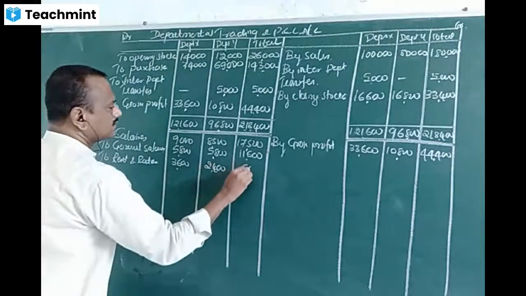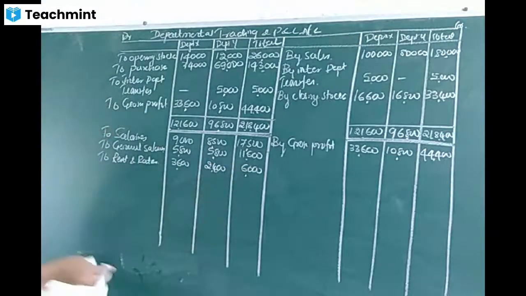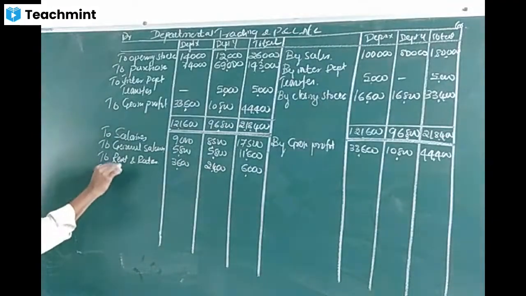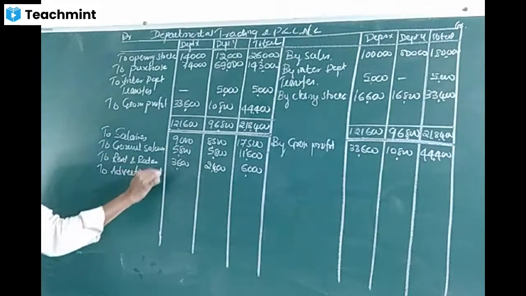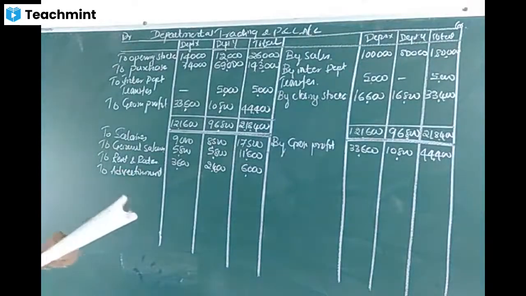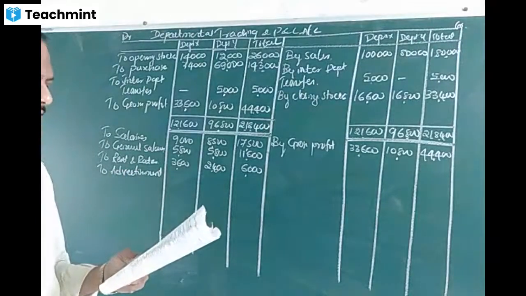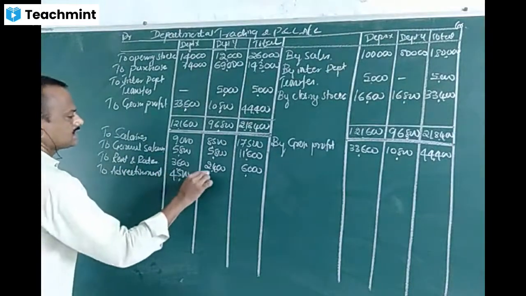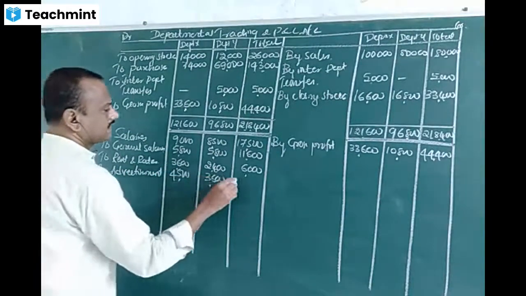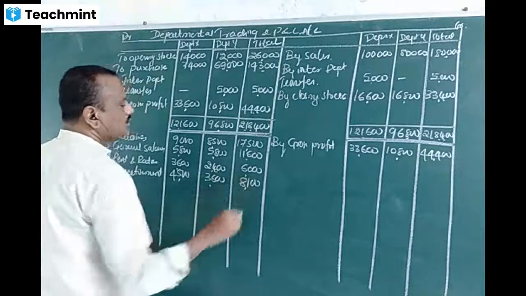Okay, 6,000. Next, advertisement. So advertisement we have allocated 4,500. Next, 3,600. Total 8,100.